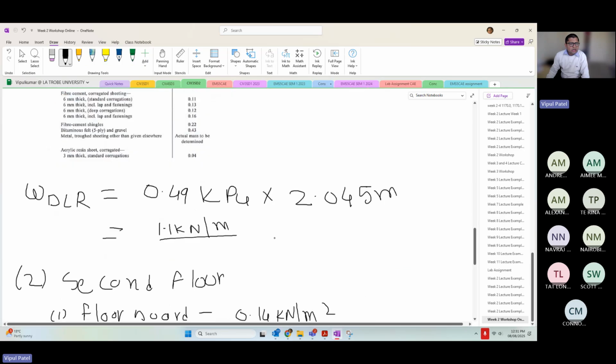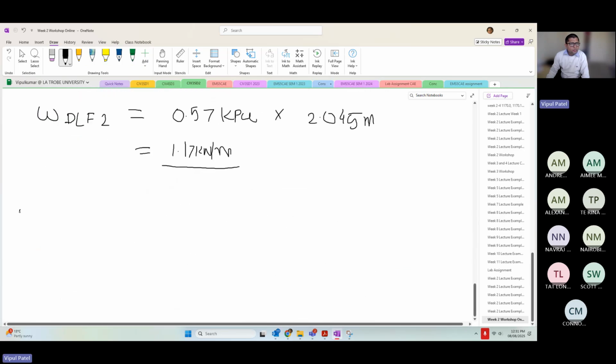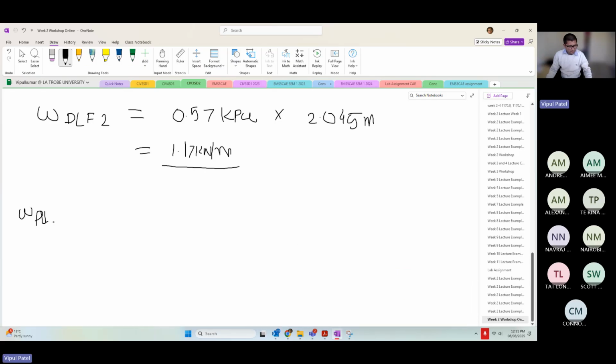as your second floor. So the dead load of first floor is equal to the dead load of second floor. It will be the same as your dead load of second floor, which is equal to this one's value of 1.17 kilonewton per meter.